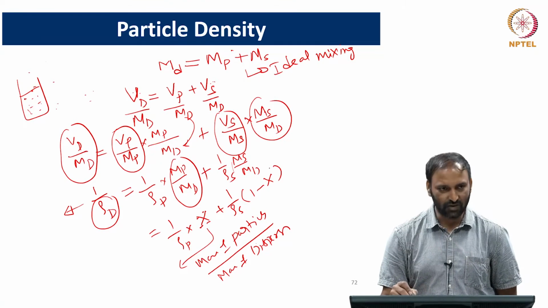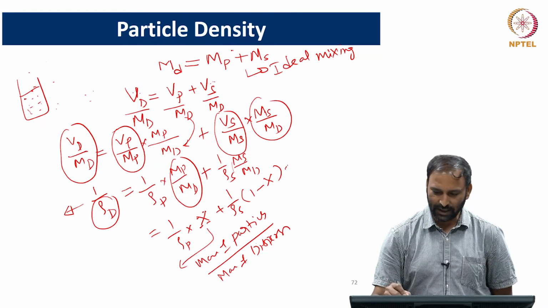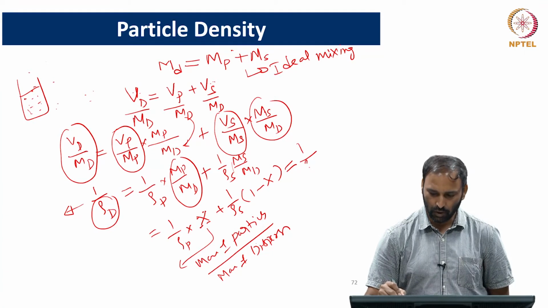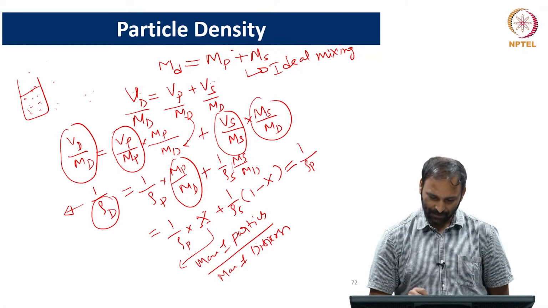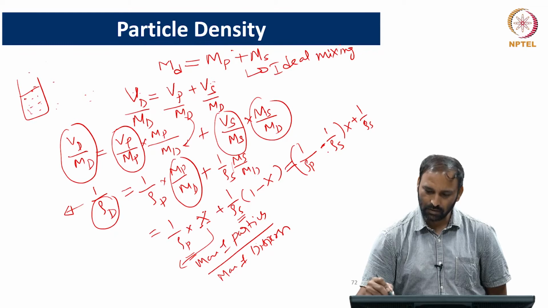Therefore, I can simplify this as 1 over rho p minus 1 over rho of solvent into x, plus 1 over rho s.